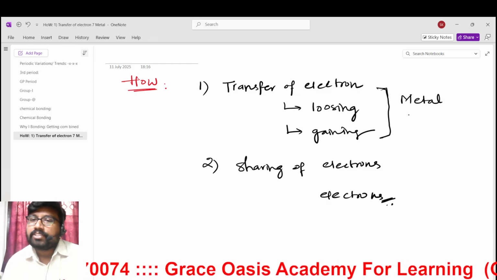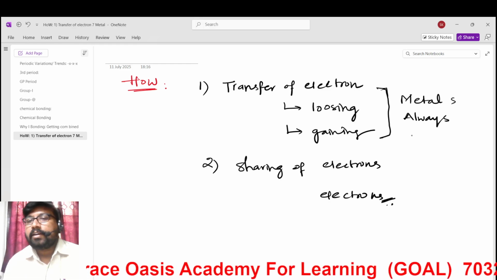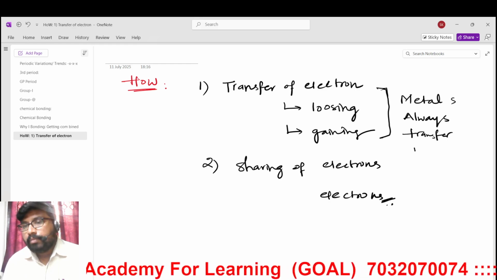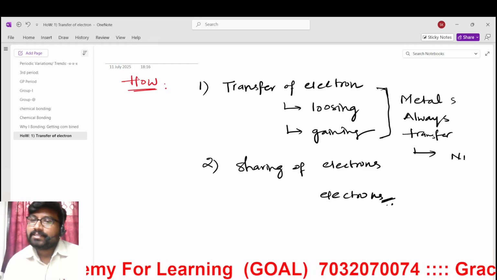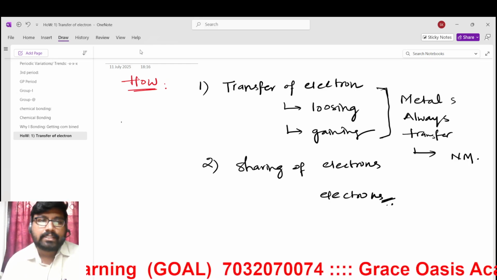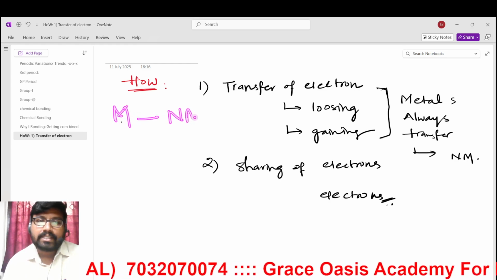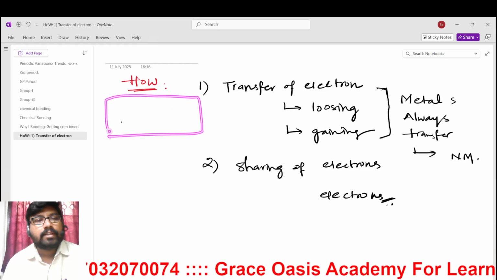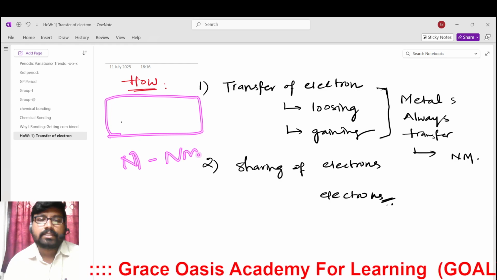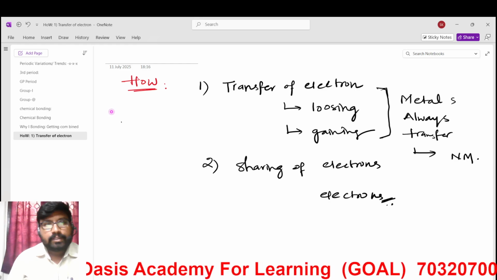Metals always transfer their electrons, from metals to non-metals.